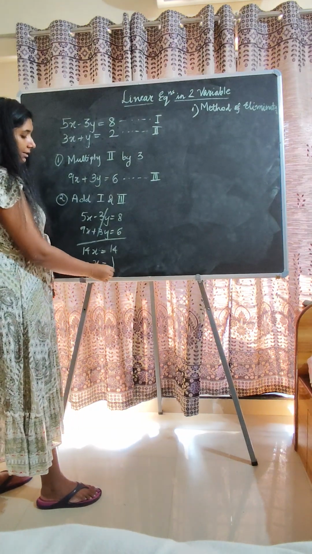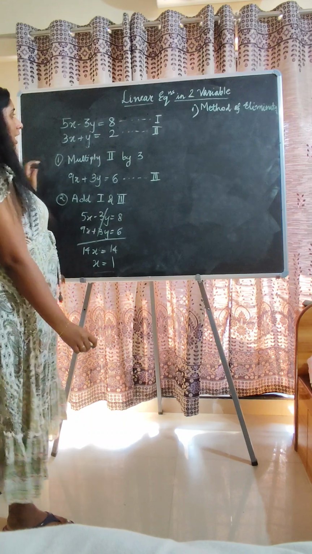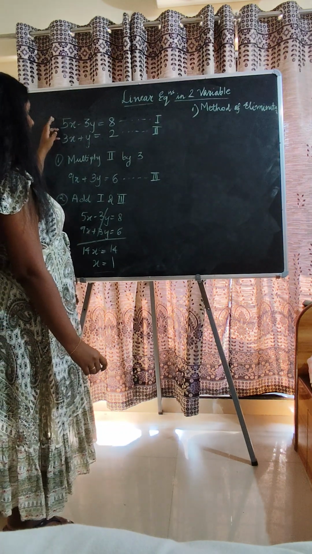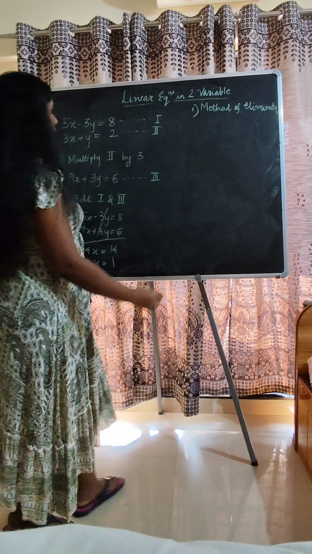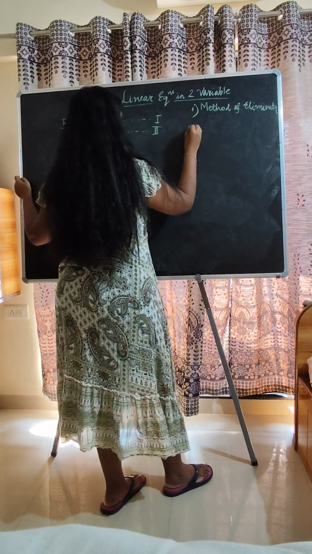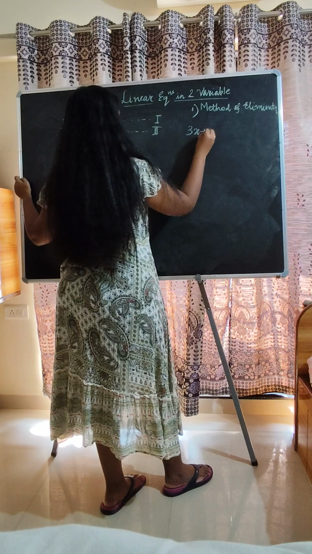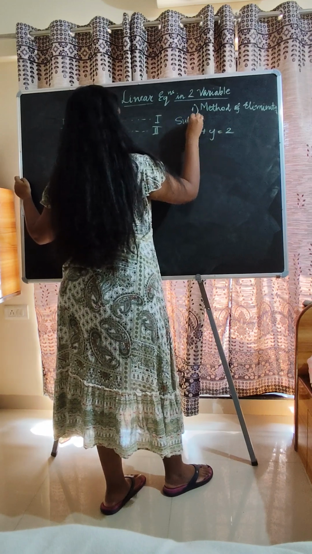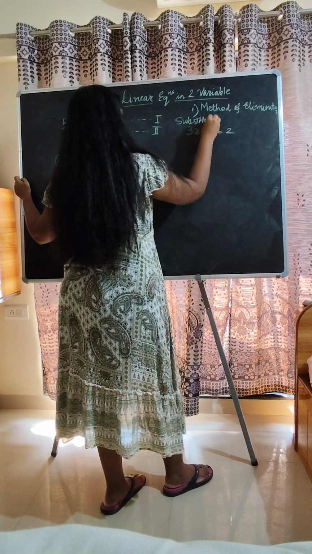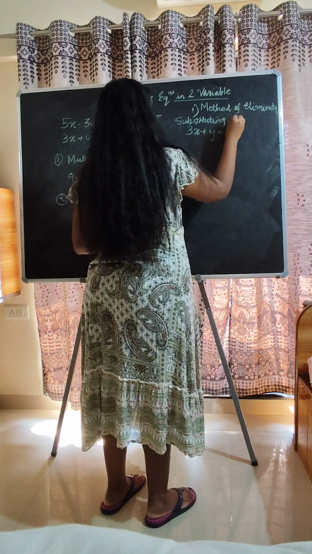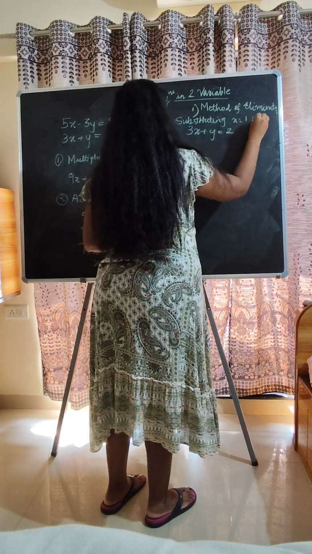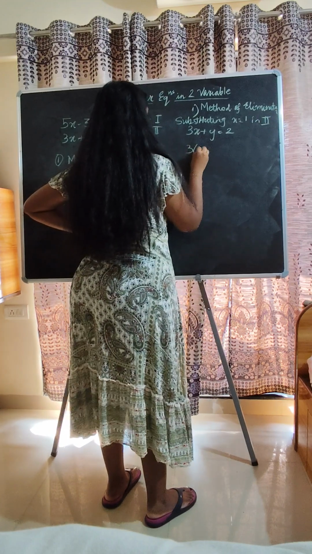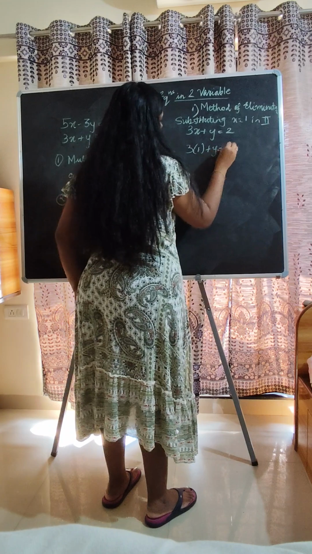So this is a part solution of the equation. Now you need to substitute the value of x in either of these equations. So I will substitute the value of x in equation 2, 3x plus y is equal to 2. So here you need to write, substituting x is equal to 1 in equation 2. So 3 into 1 plus y is equal to 2.